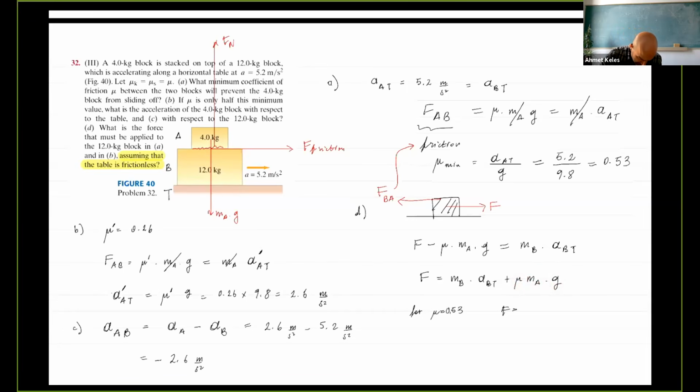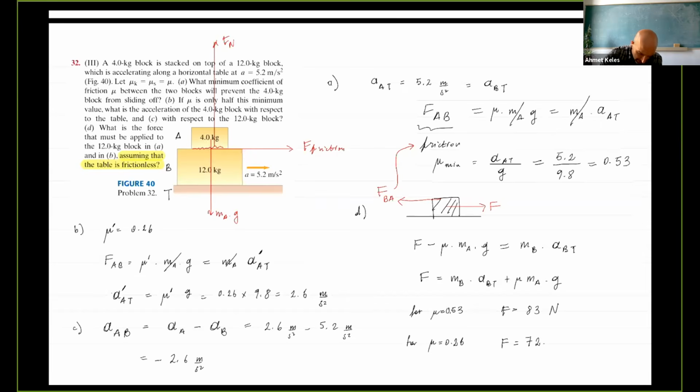I found, for the first one, 20.8 Newton, and for the second I found something like 83 Newton. And for mu equal to 0.26, I found F is equal to 72.